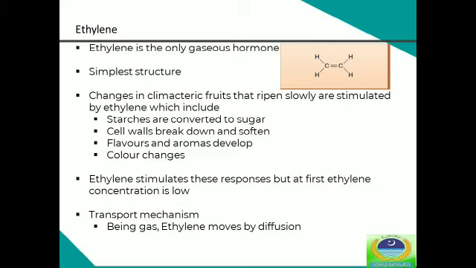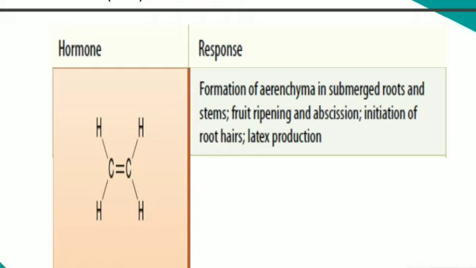In non-climacteric fruits, which must ripen when they are still attached to the plant, such as oranges, lemon, and cherry, the ethylene concentration remains stable. The plant responses to this gaseous hormone include formation of parenchyma in submerged roots and stems, fruit ripening and abscission, initiation of root hairs, and production of latex.